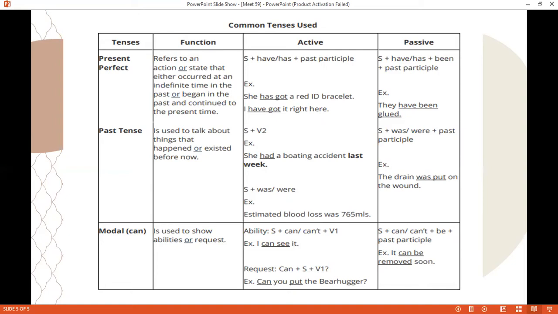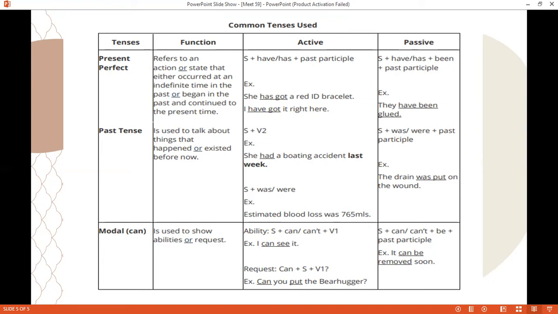Present perfect active is subject plus have or has plus past participle. The passive of present perfect is subject plus have or has plus been plus past participle.